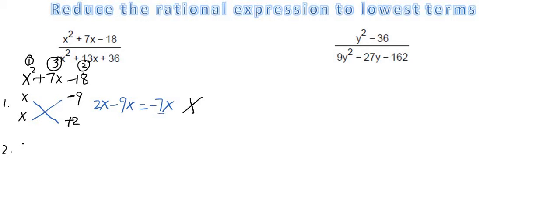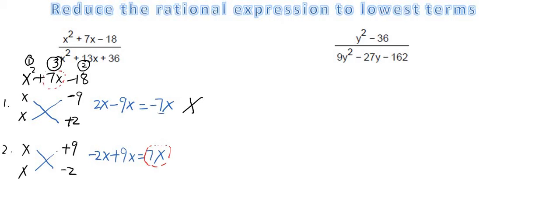Now we try the second way. This time I want to try x times x, and positive 9 and negative 2. We do the cross product: negative 2x plus 9x boils down to positive 7x, which is exactly the middle term.